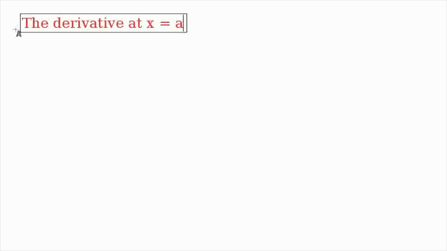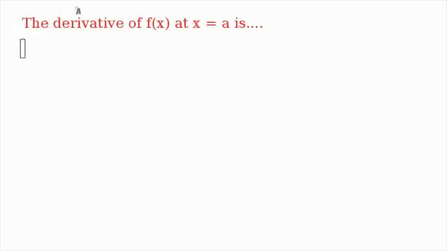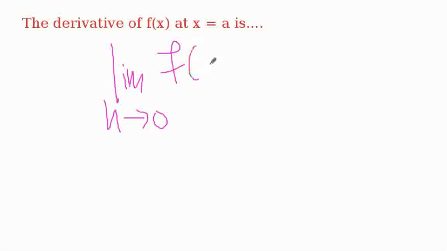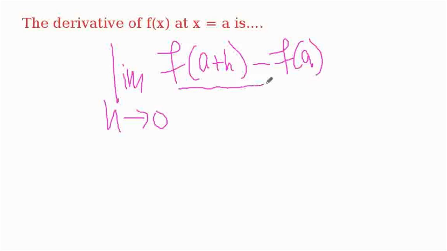So in general, you'll have this: the derivative of f of x at x equal to a is, okay, what we do is we take the limit as h approaches 0 of f of a plus h minus f of a divided by h.